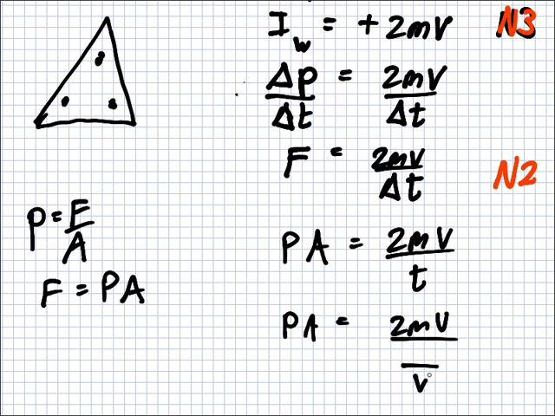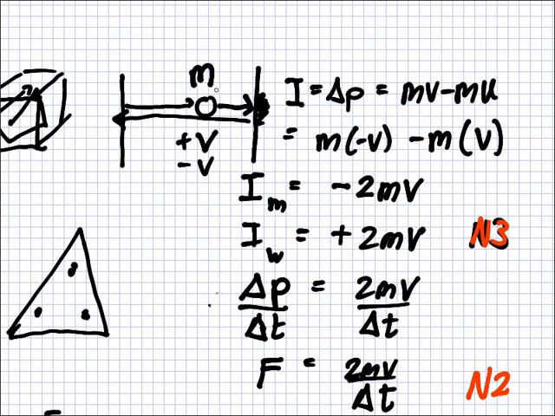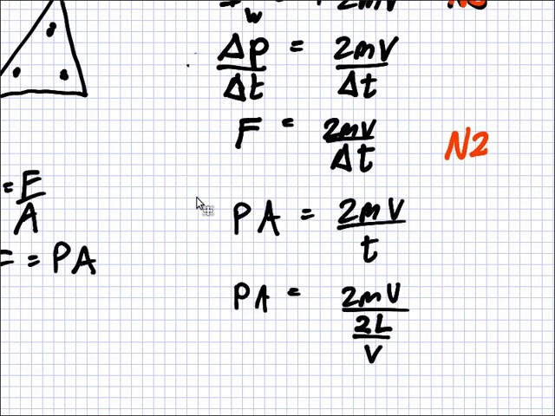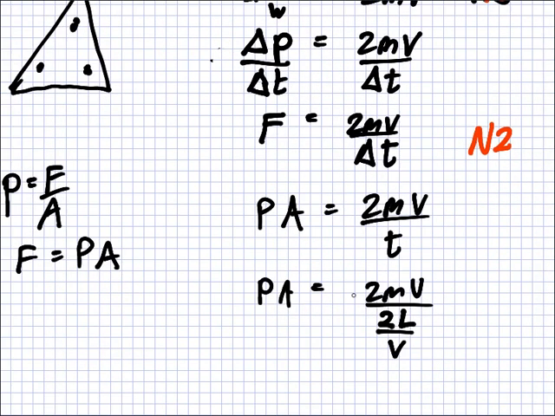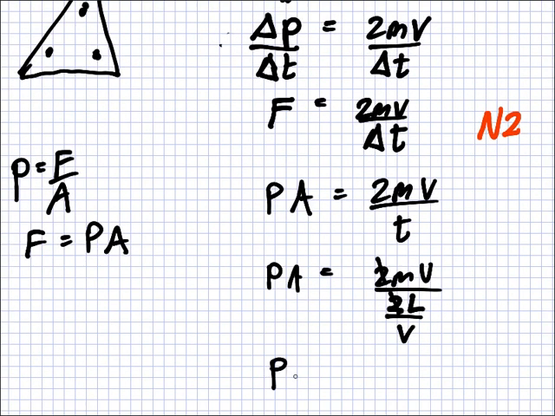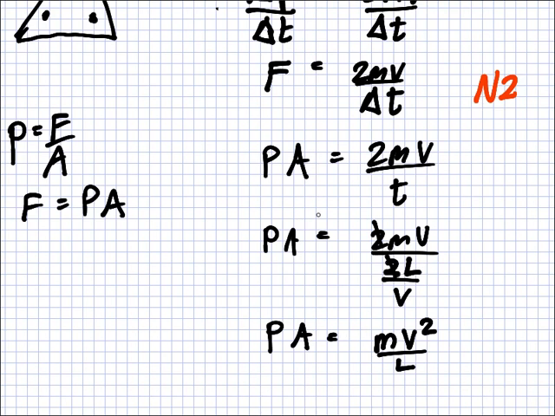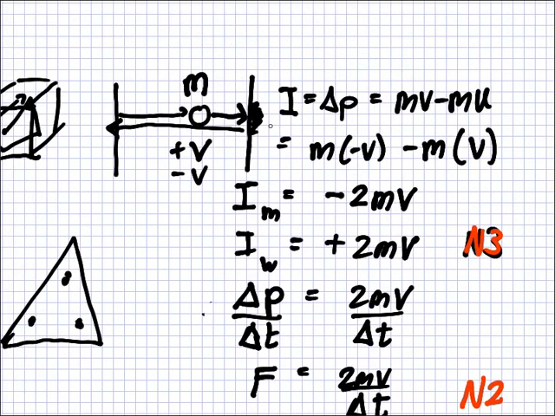The speed is v, and what's the distance? It's actually 2l, because one journey is 2 lengths. Okay, so that's kind of nice, because that means this 2 and this 2 cancels, and you get PA equals mv squared over L. Now A is the area of the wall.